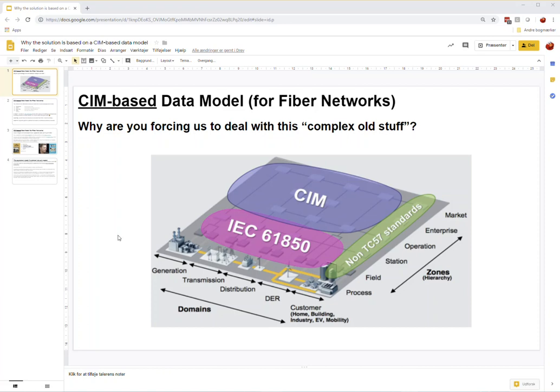Because of course, you could say it adds a certain level of complexity to the modeling part of the system, because the CIM standard has a way to kind of divide things up. And the CIM standard itself is very big and actually complicated.